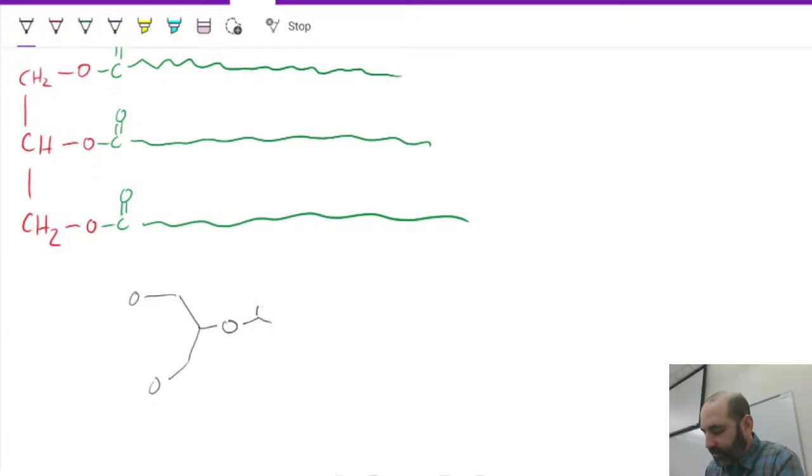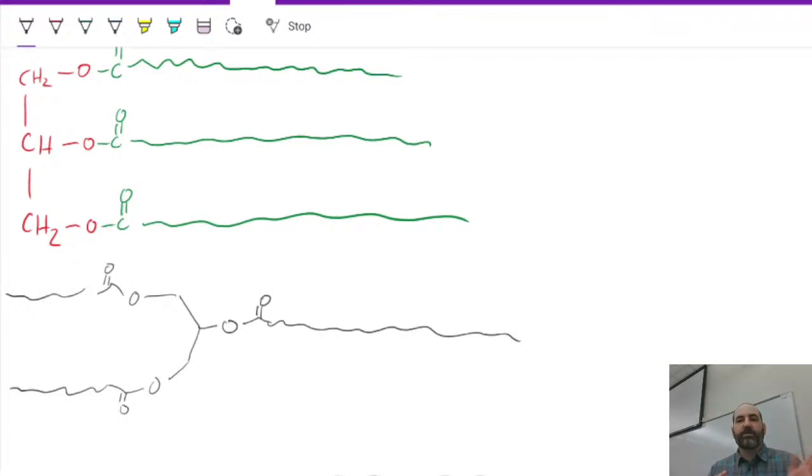So you end up with this kind of thing going on. And here's the long tail here, and here's a long tail there. So almost like a fork type configuration. And that's what a triglyceride would look like. All right. So that is the oil. That's what we're going to express as the oil.